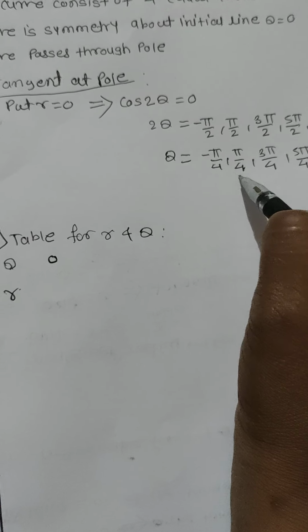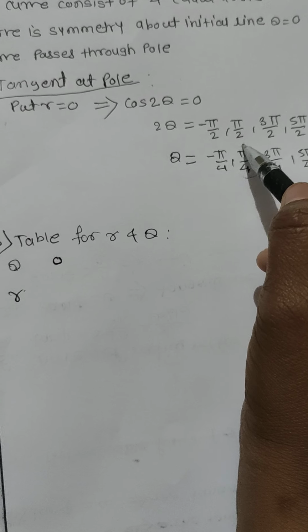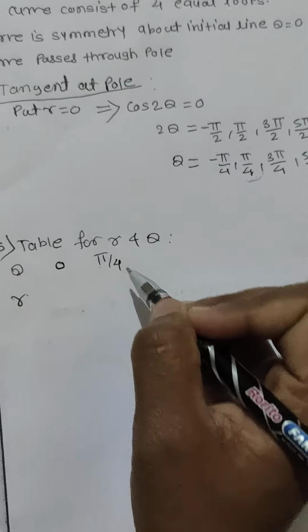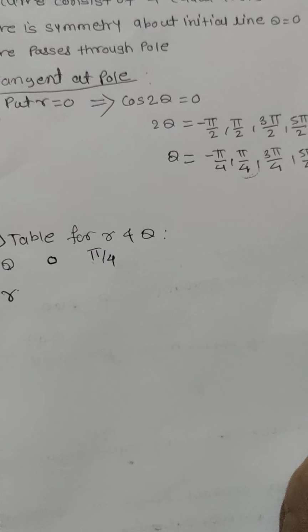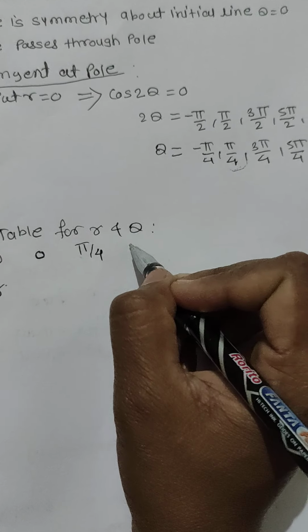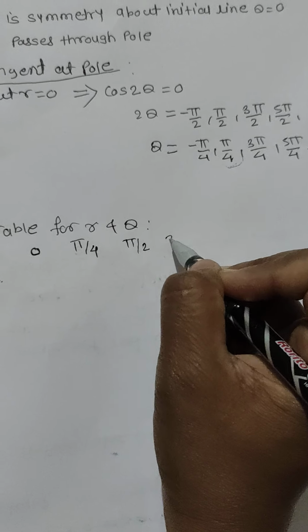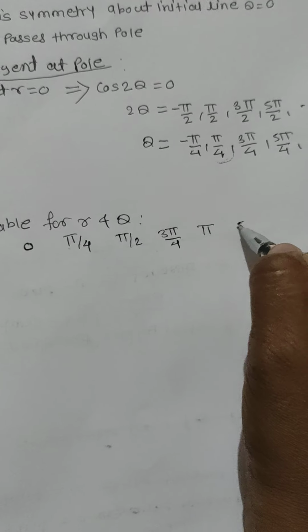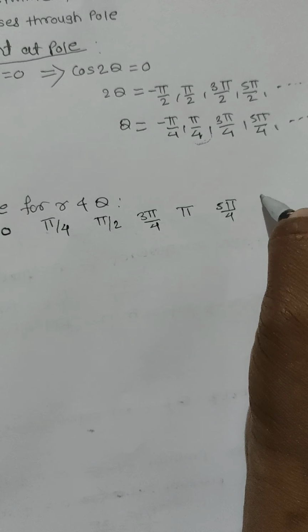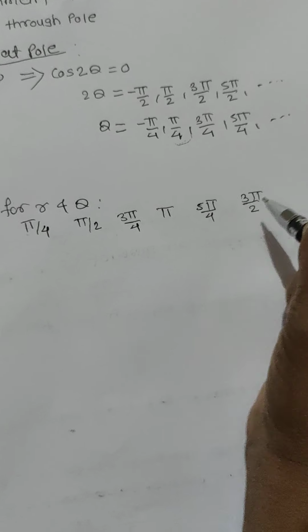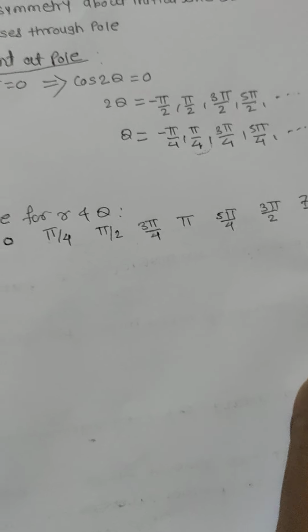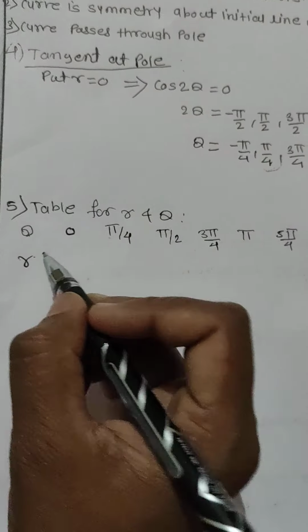The first point is θ = π/4, so we take θ = π/4 and sequentially write the remaining terms: π/4, 2π/4 is π/2, 3π/4, 4π/4 is π, 5π/4, 6π/4 is 3π/2, 7π/4 and 8π/4 is 2π. Now we have to find the corresponding values of r.